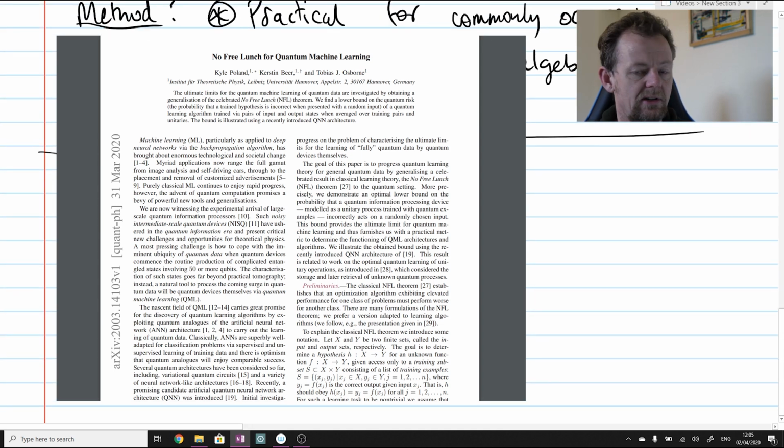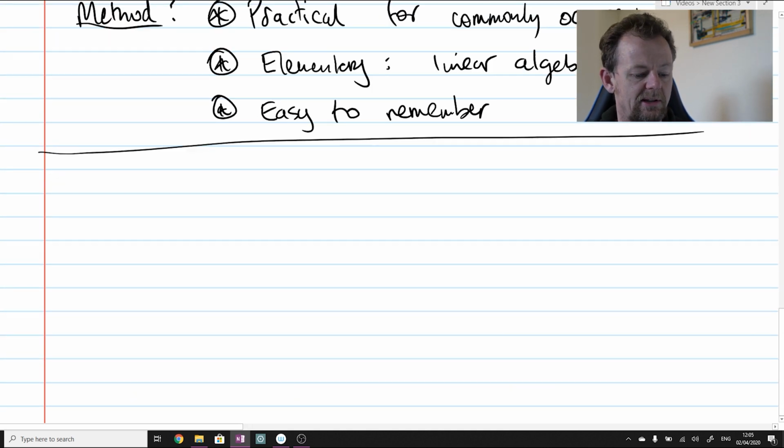But instead of talking about the no free lunch theorem today, I just want to talk about this method, because I felt that this was something of independent interest that might be also fun to look at in other contexts. I should say before I go on that this approach is based on a long series of conversations and collaborations that I've had with Aram Harrow and Matt Hastings over the years.